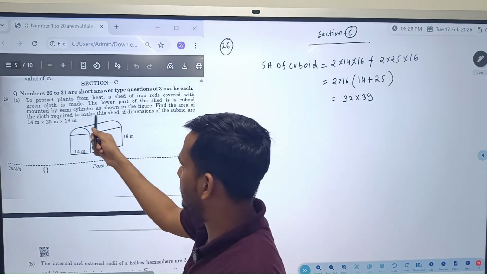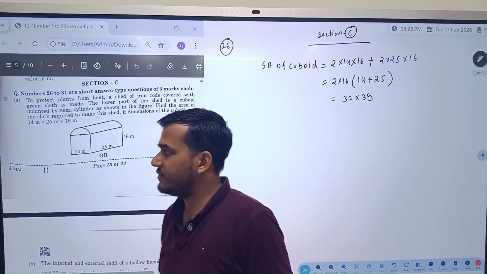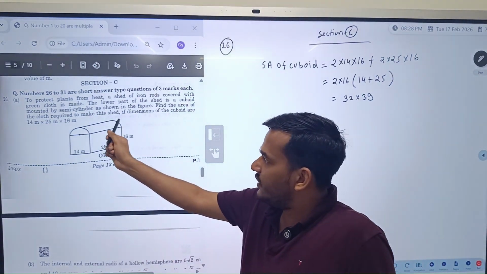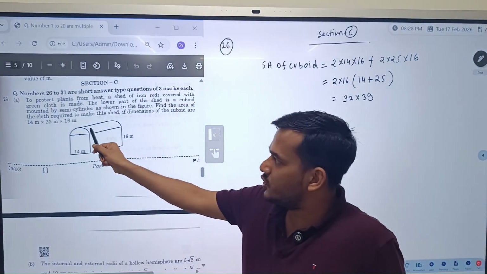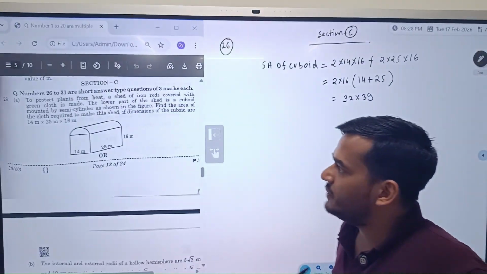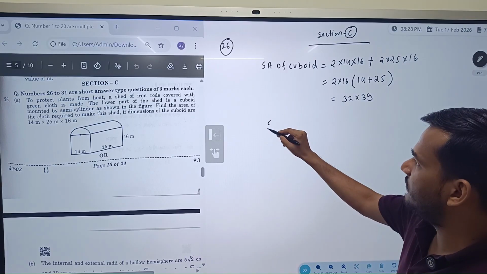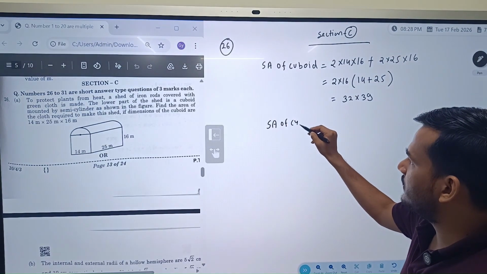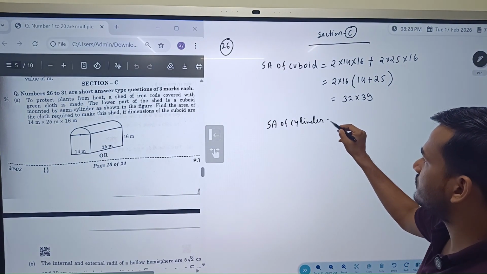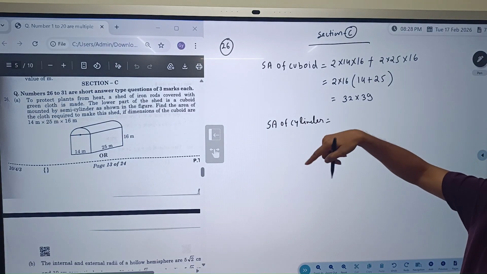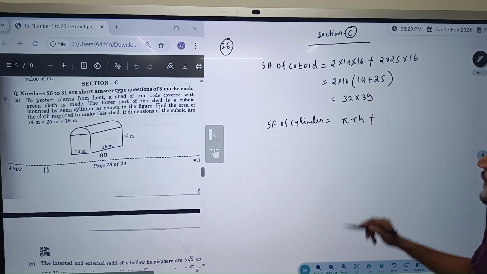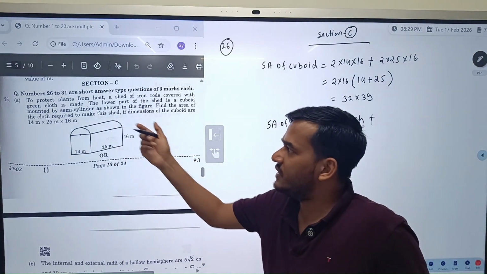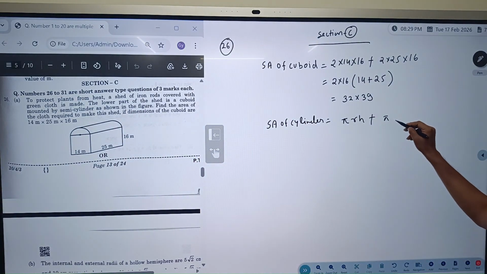Now we have to find the surface area of this cylindrical surface. This cylindrical surface has half the curved surface and these 2 semicircles. So the surface area of the cylinder is equal to half of the curved surface of the cylinder, that is pi r h, plus 2 semicircles, which are equivalent to 1 circle, so pi r square.